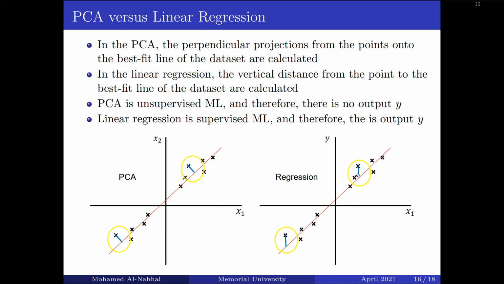Whereas in linear regression, we calculate the vertical distance from the points to the best fit line, as we see here in the figure. PCA is unsupervised machine learning because, as we see, there are no outputs, while linear regression is supervised machine learning.